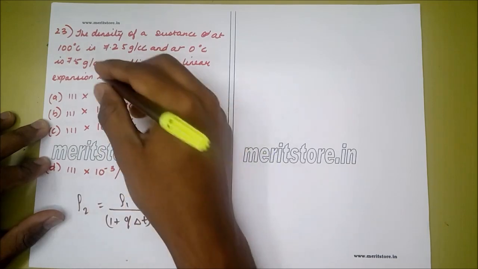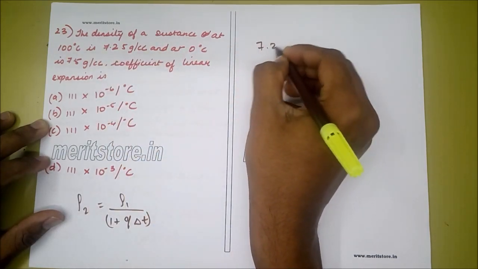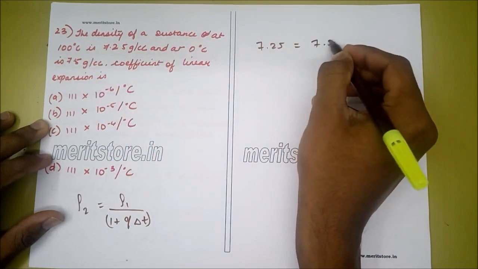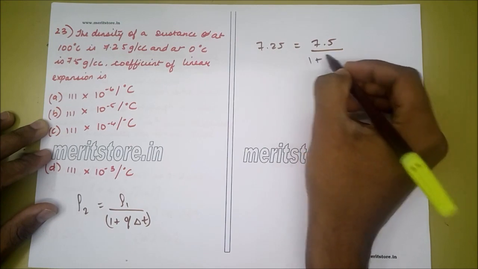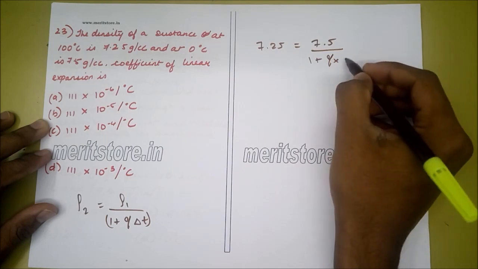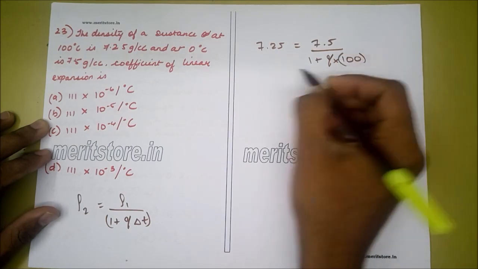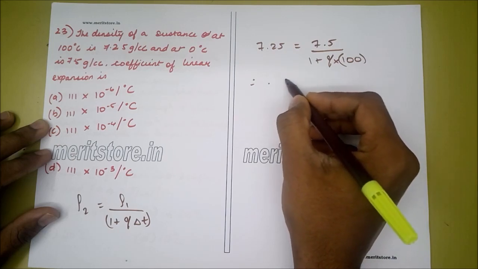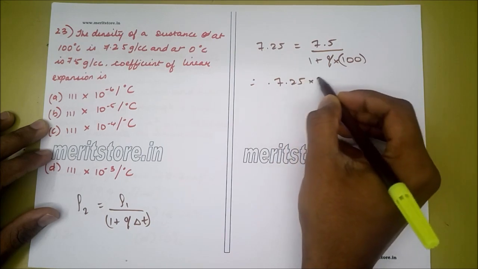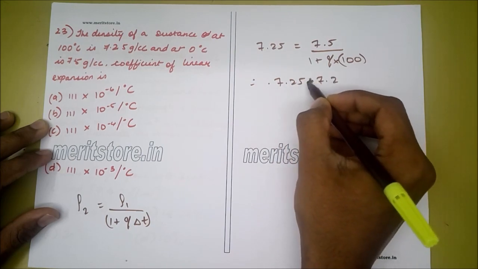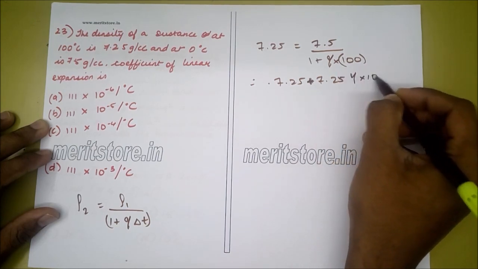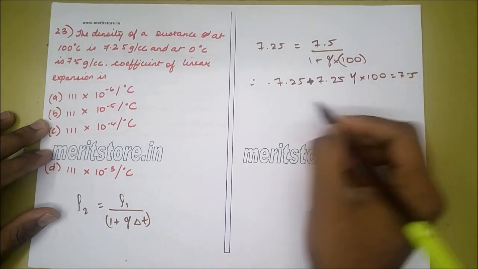So ρ2 is 7.25, which is equal to ρ1, which is 7.5, upon 1 plus gamma times delta T, where delta T is 100 minus 0, that is 100. So solving this, 7.25 plus 7.25 gamma into 100 is equal to 7.5.